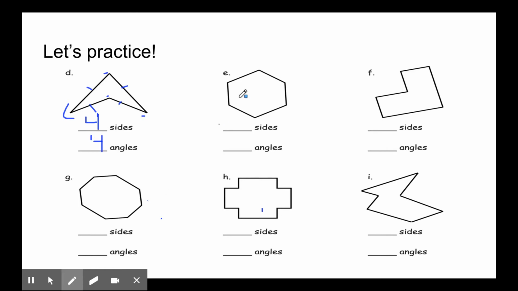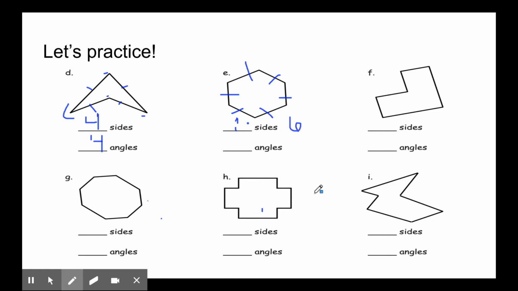Let's try this one. How many sides? 1, 2, 3, 4, 5, 6. 6 sides. Oops. My pen isn't working, friends, but there are 6 sides. There we go.